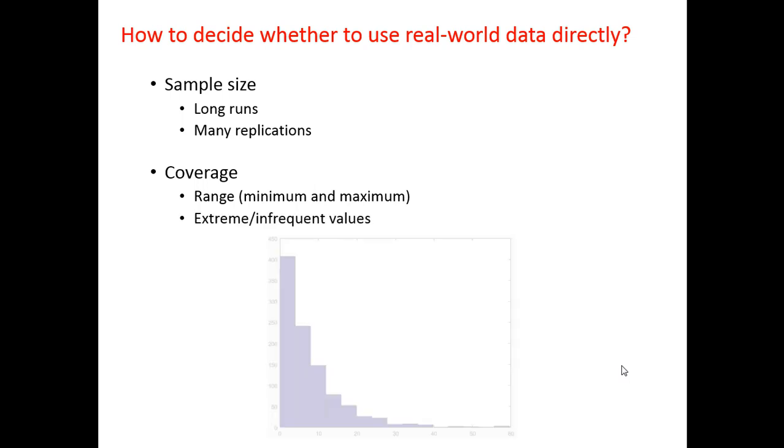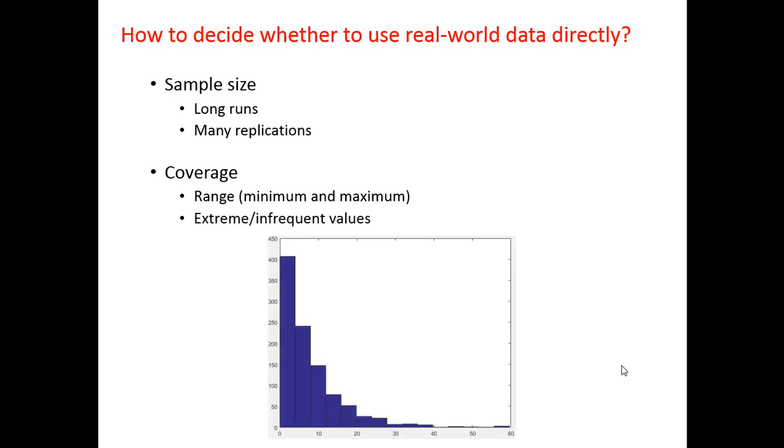The other thing that we need to consider is extreme and infrequent values. Now, this histogram here is based on thousands of replications from an exponential distribution. And I had to collect so many observations so that I can get just a few observations of these extreme values that are way at the end of the tail of the distribution.